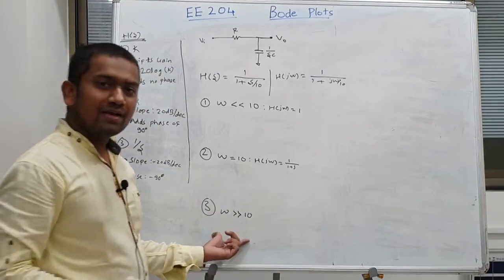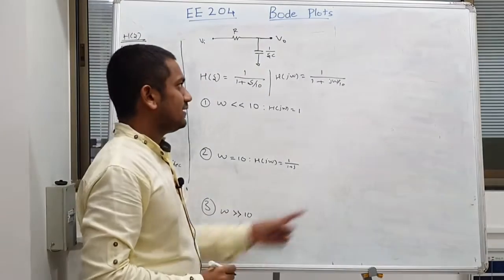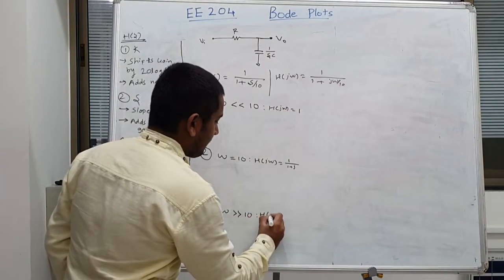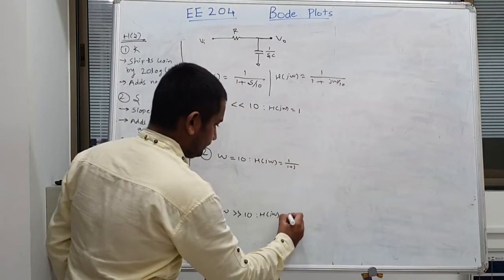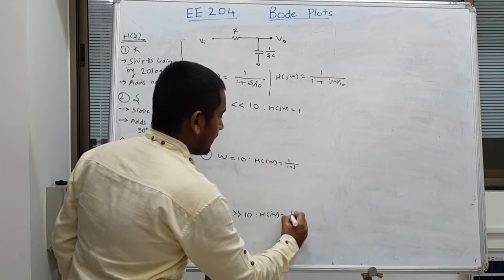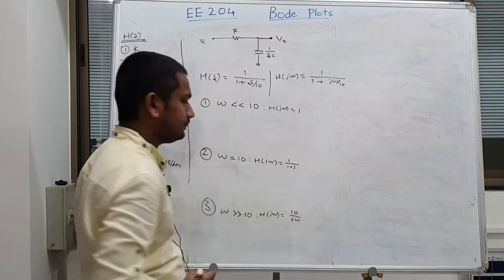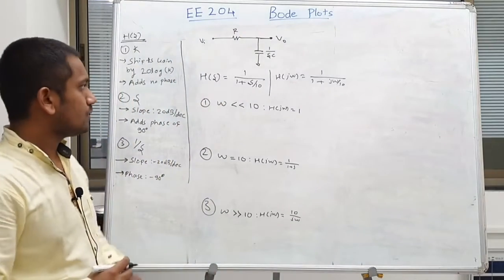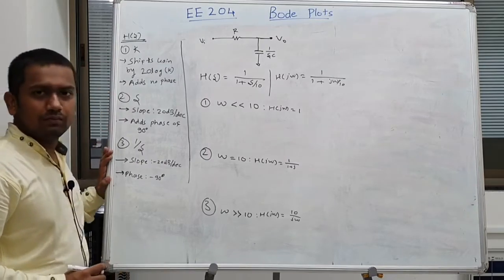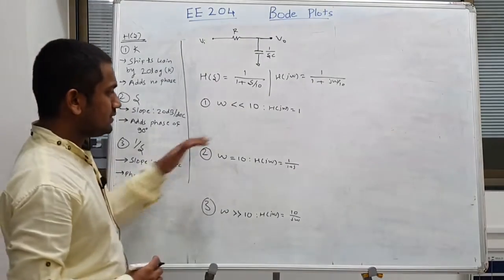And when omega is much greater than 10, the second term dominates and H of j omega will become 10 by j omega. Now we will use these three insights learned in these three steps.